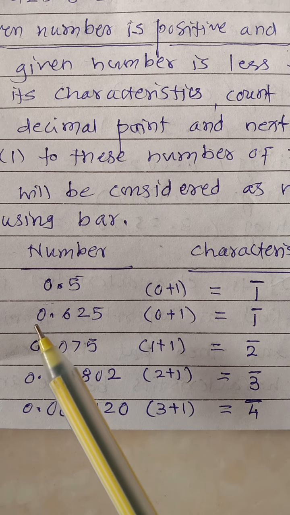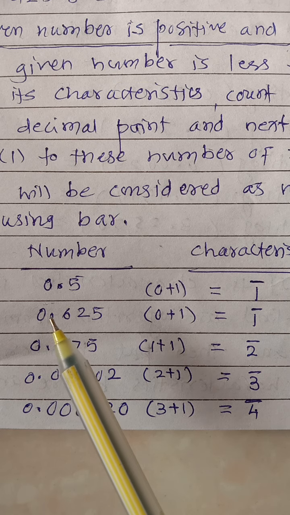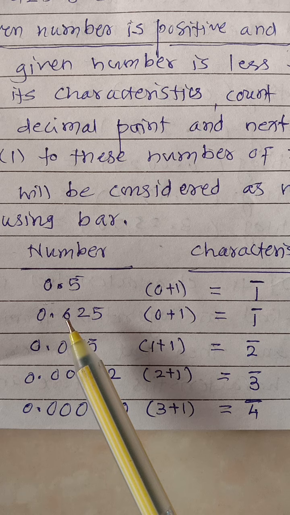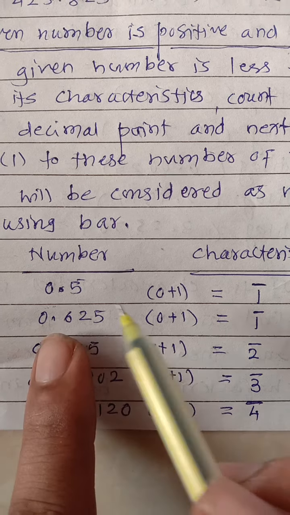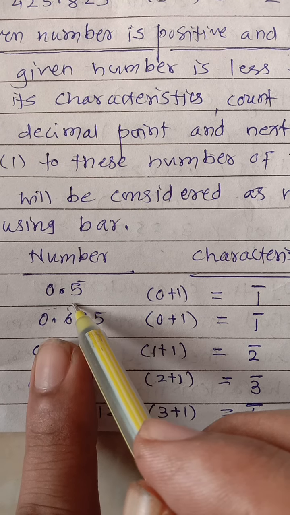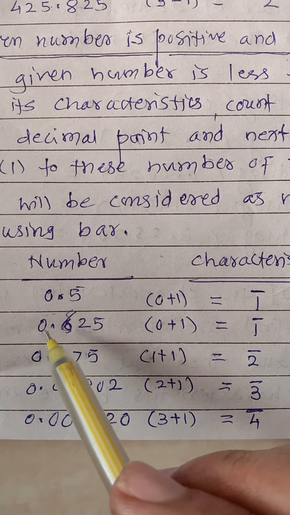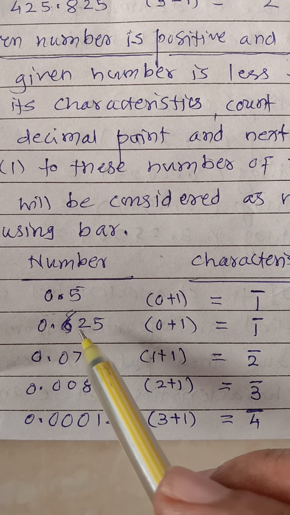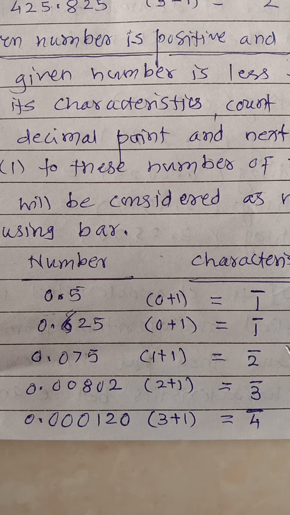Then for the next number, it is 0.025. In this case, between the decimal point and 2, the number of zeros is 1, and therefore 1 plus 1 gives 2 bar. Or if it is 0.625, then again between the decimal point and the non-zero digit 6, the number of zeros is 0, so 0 plus 1 we get 1, and it will be written as 1 bar.